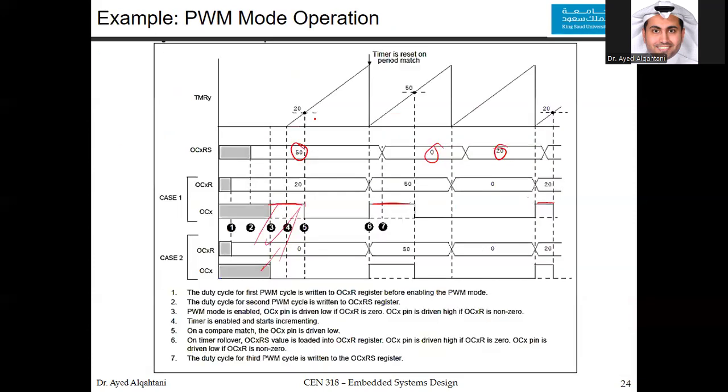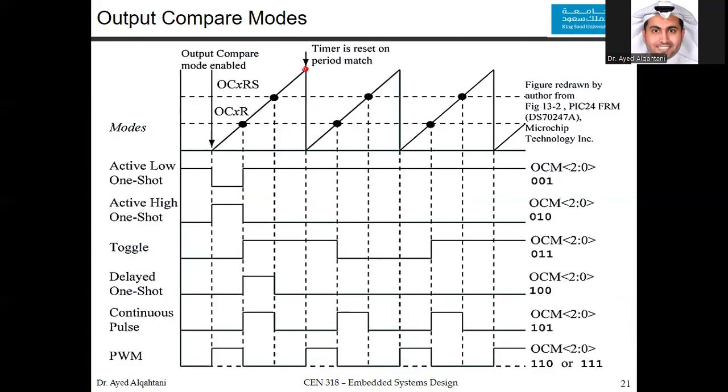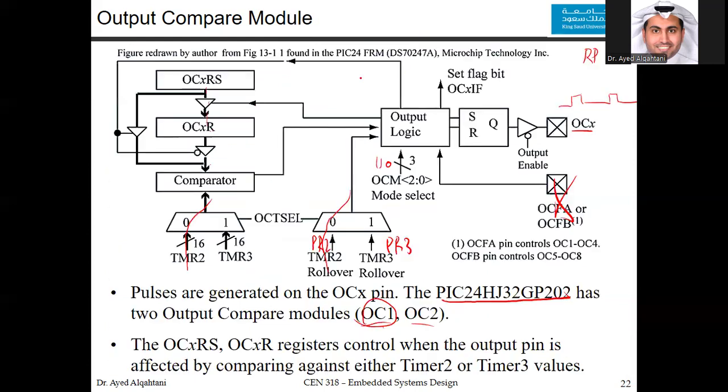And notice here in the figure, OCRS is always less than that. If that's the period register, OCRS is less than that.